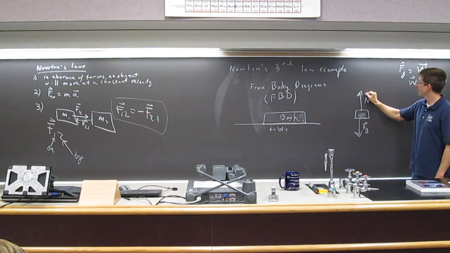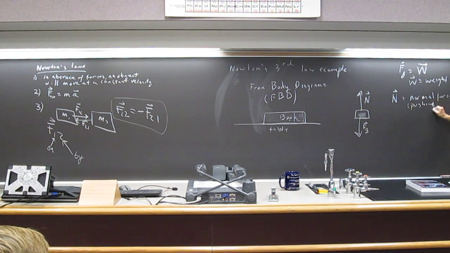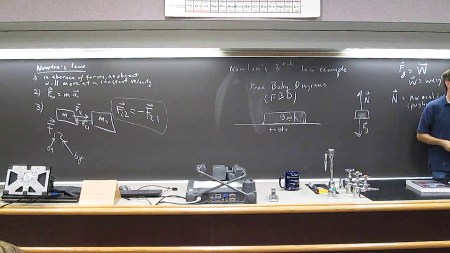I'm going to call this an N. N is normal force, it's a pushing force, going upwards. Any other forces if it's sitting there that you can think of? See, you guys are pretty good. You identified all the forces on it.